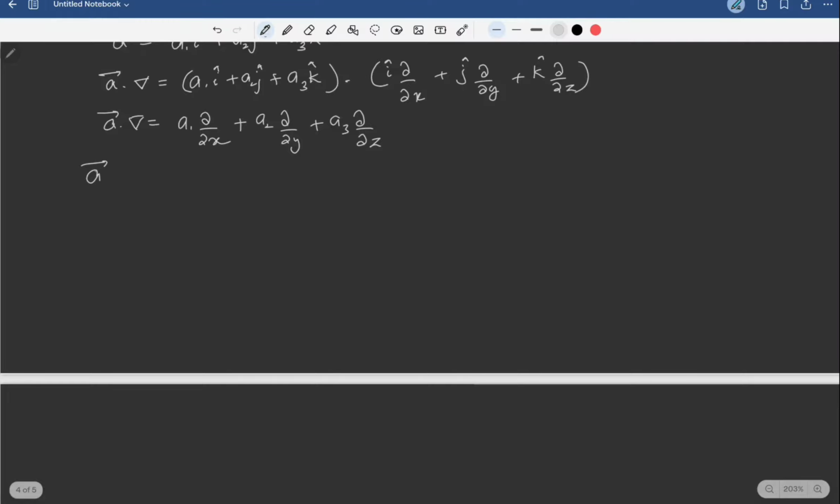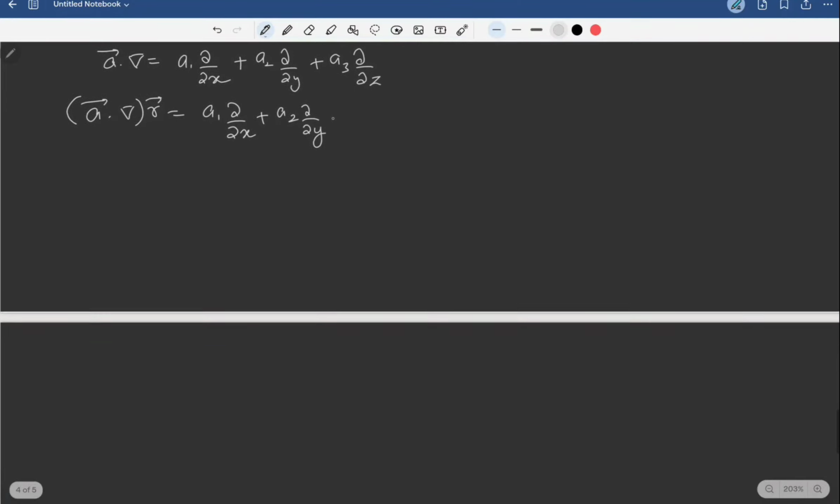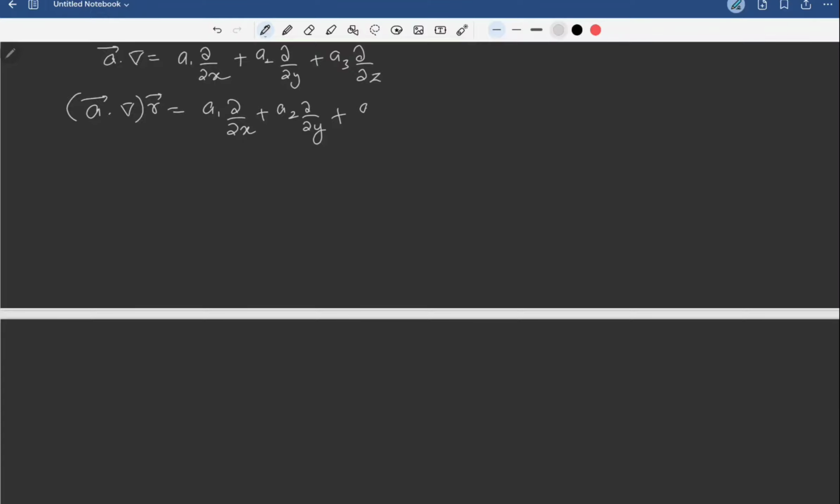Now in the question we have asked this, so we'll write a1 into del by del x plus a2 del by del y plus a3 del by del z whole multiplied by, whole operating on r.